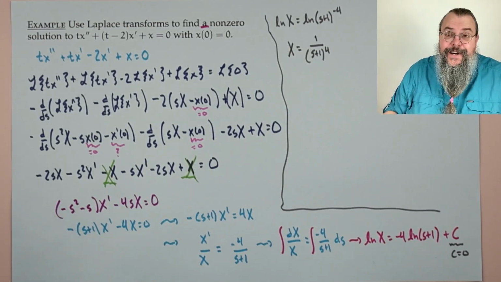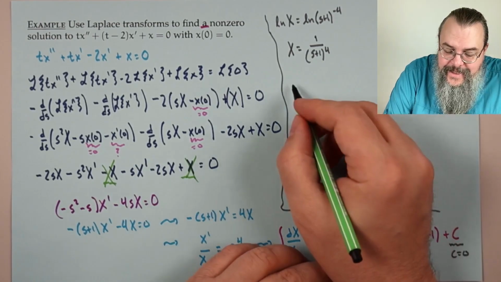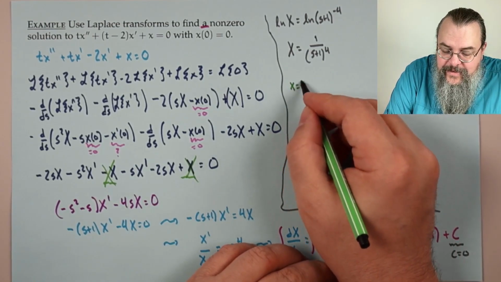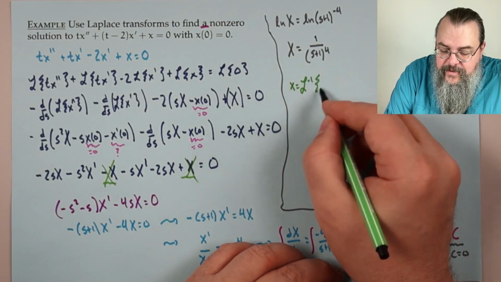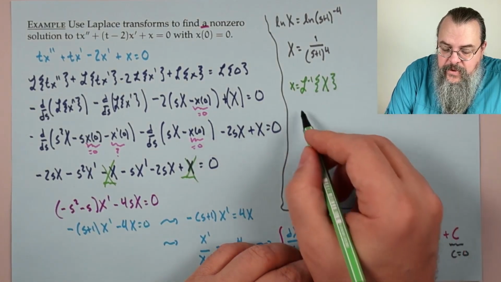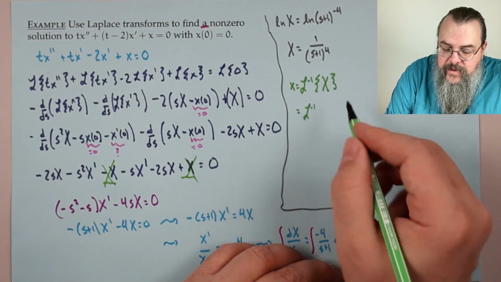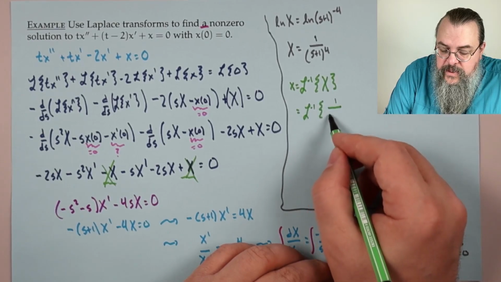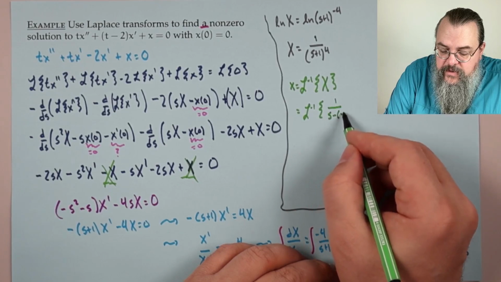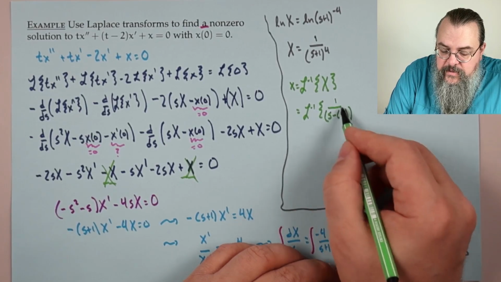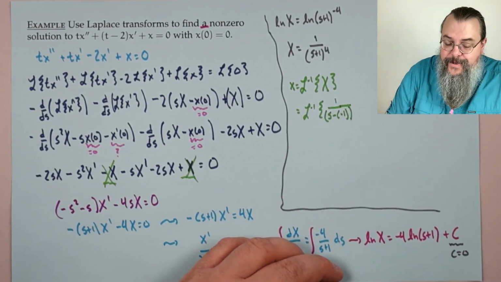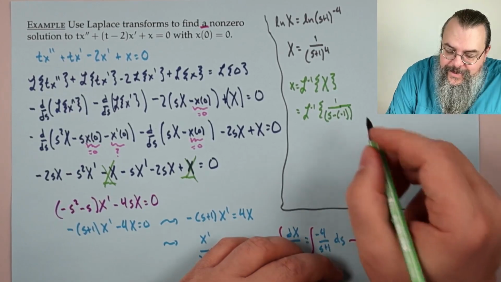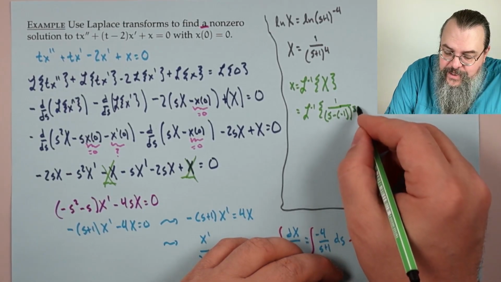So we say, aha, idea, little x is the inverse Laplace of capital X. Well, that's the inverse Laplace of 1 over s plus 1 to the 4. All right, because s plus 1 is s minus negative 1. Now 4, I'm going to rewrite this as a 3 plus 1.